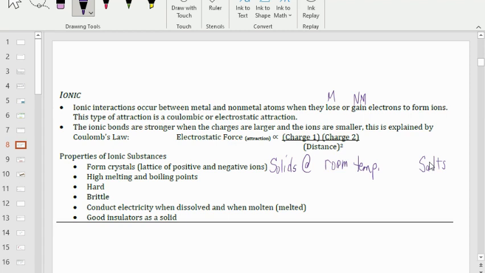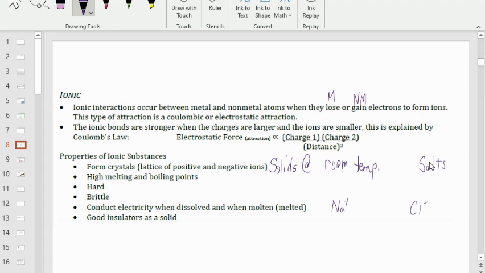Does that make sense? They tend to be hard and brittle. So think of table salt, for example. They conduct electricity when dissolved in a substance. So if they're dissolved, they're going to break apart. If we have our sodium, it's going to break apart into these ions and float around in that water.